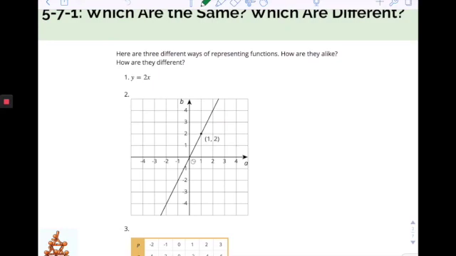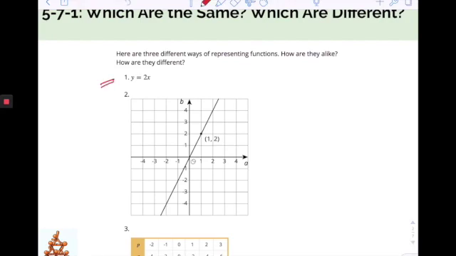Okay, we've got a lot of different answers from you, but most everyone hit on the fact that you can show functions in a lot of different ways, and they all have some sort of input-output pair.